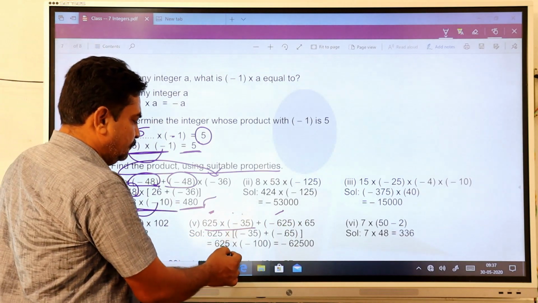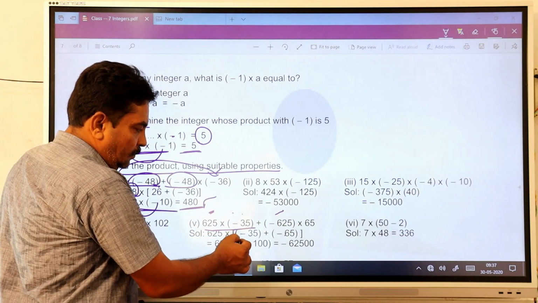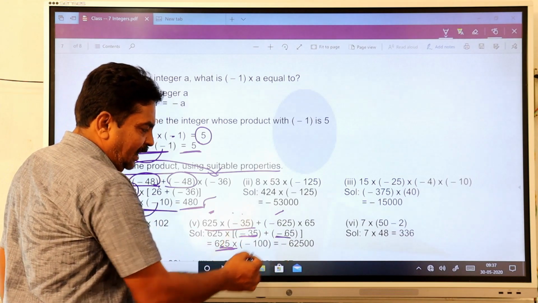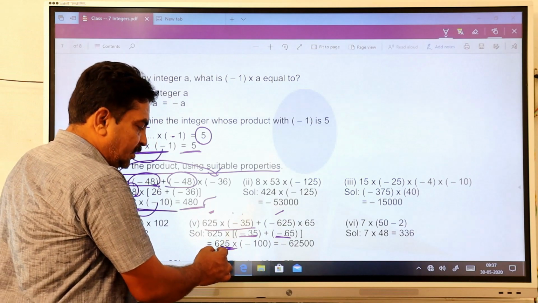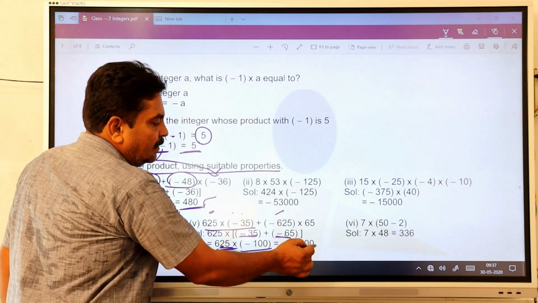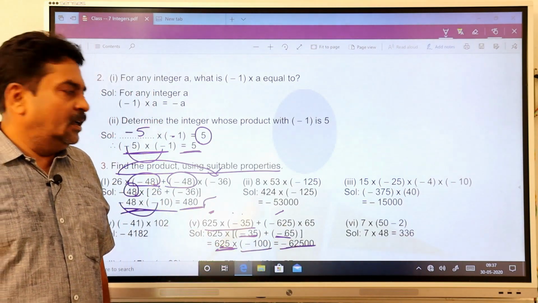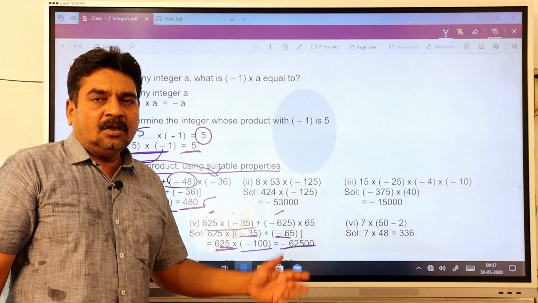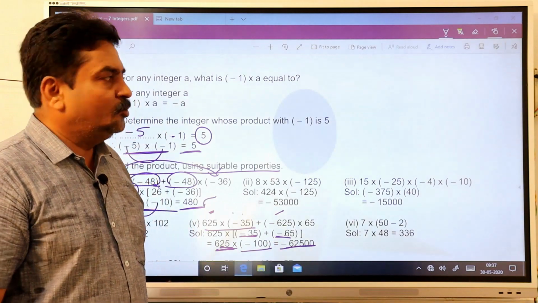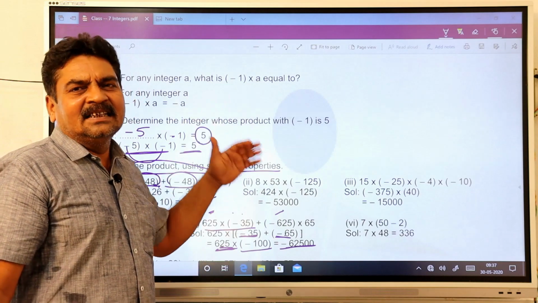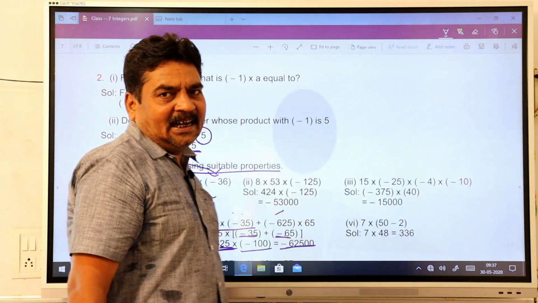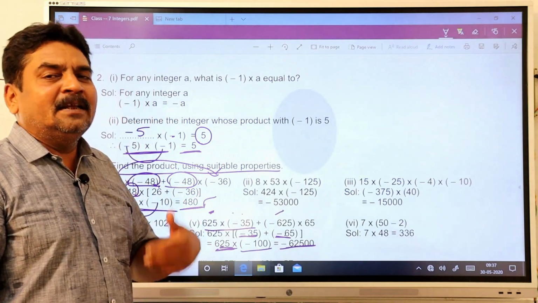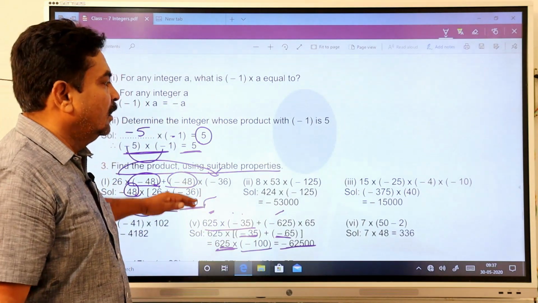So it becomes 625 into minus 35 minus 65 is minus 100. Therefore 625 into minus 100 is minus 62,500. So you practice these kinds of problems, and automatically you can easily understand. If not, I'll explain again in our regular class.